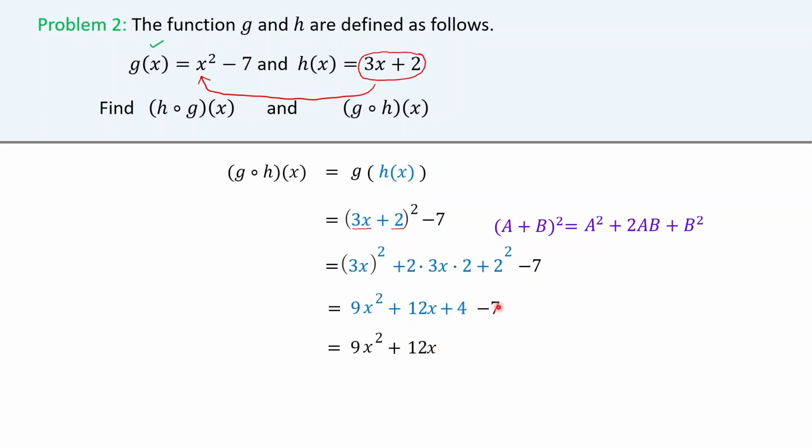Positive 4 minus 7 is negative 3. This is this composite function.